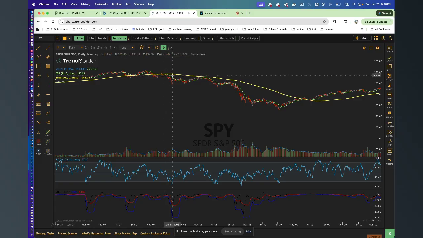We have a V in January of 08, which pretty much just leads us right back to the 200-day moving average. And then we have another V followed by another V.